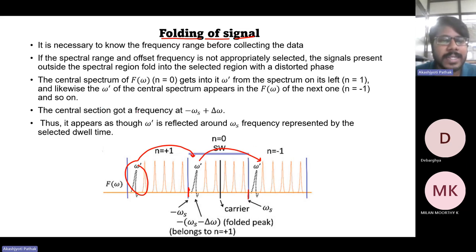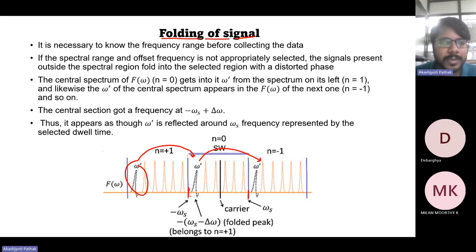Okay, so the central section got a frequency at omega s plus delta omega, right? For example, this was omega s plus delta omega. This was the frequency, but it got an extra frequency because of the folding back of the signal from the neighboring spectral width. Thus it appears as though omega dash is reflected around the omega s frequency represented by the selected dwell time.